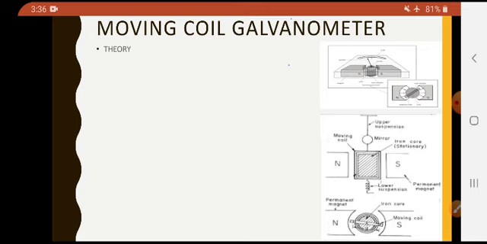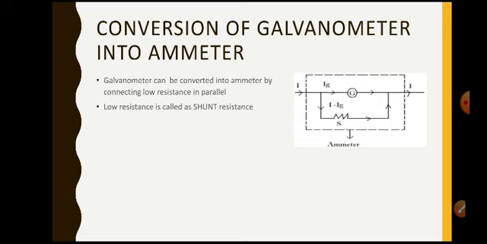If a large current flows in a galvanometer, it damages the galvanometer. To avoid this and to measure accurately, we have to do some modifications or connections. Here the ammeter is a device or instrument used to measure large current passing through the circuit.